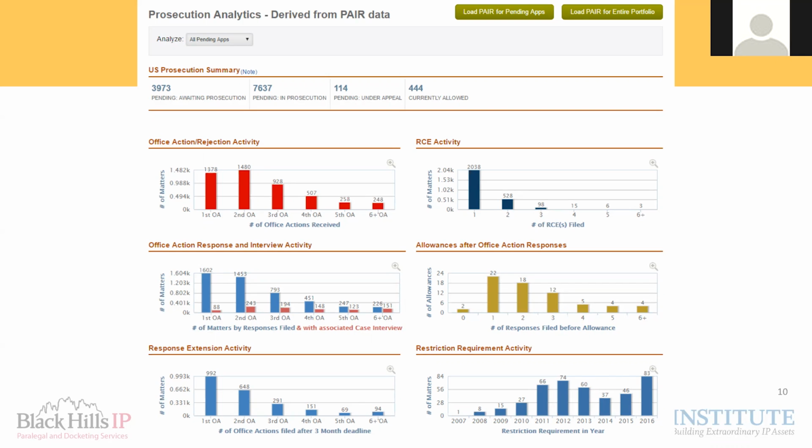Yeah, absolutely. And my favorite graph of these is, again, the bottom left, the response extension activity. This is always a key area where, one, you can reduce your cost right away, whether that's an in-house cost to yourself or outside firms taking extra time.